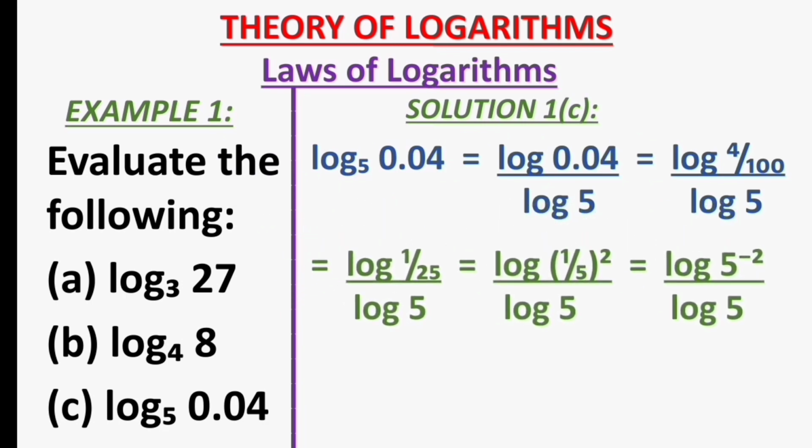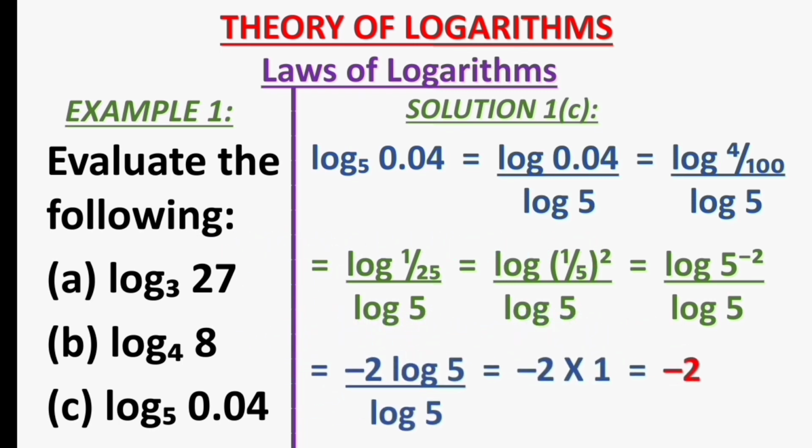Simplifying the fraction, we have the logarithm of 1 over 25 divided by the logarithm of 5. This will simplify into the logarithm of 5 raised to the power minus 2 divided by the logarithm of 5. When we apply the laws of logarithm and we simplify, the answer to question 1c is minus 2. I hope you got that right.